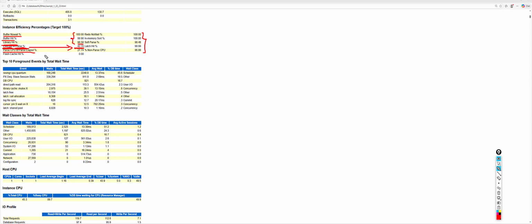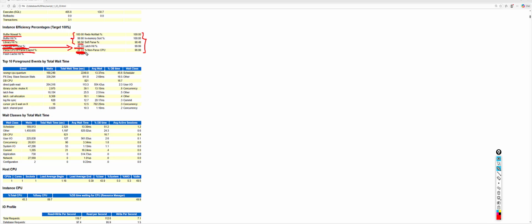And also parse CPU to parse elapsed. This section tells you how much CPU has been used for parsing, and whether the amount of CPU used for parsing is efficient or not.